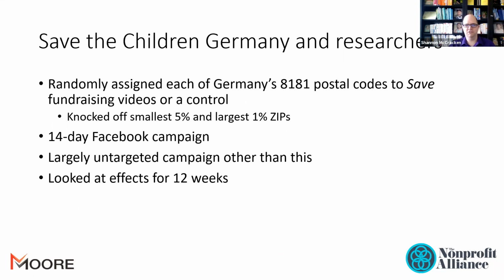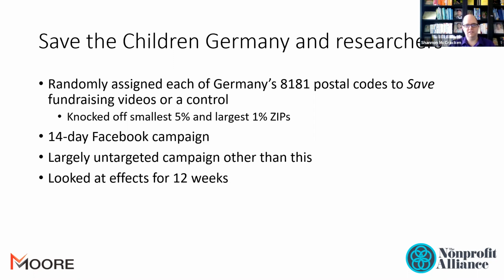So Save the Children Germany and a group of researchers looked at Germany's 8,181 postal codes and randomly assigned them to either get fundraising videos or the control, which is not getting fundraising videos. They did knock off the smallest 5% of zip codes because you drop below the threshold of the number of people that Facebook needs in order to be able to target them.